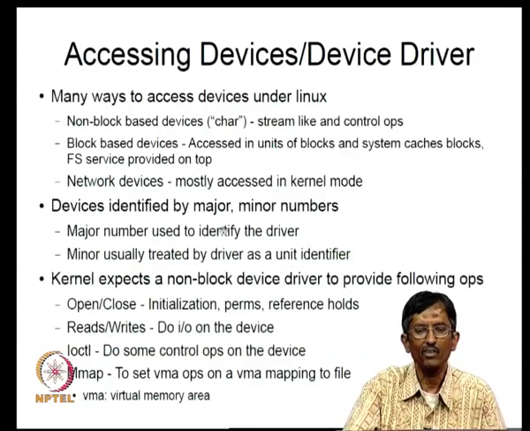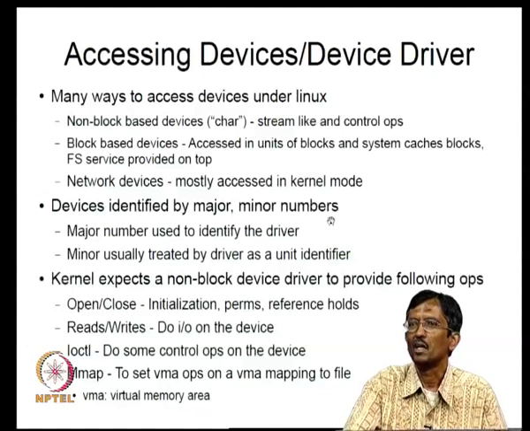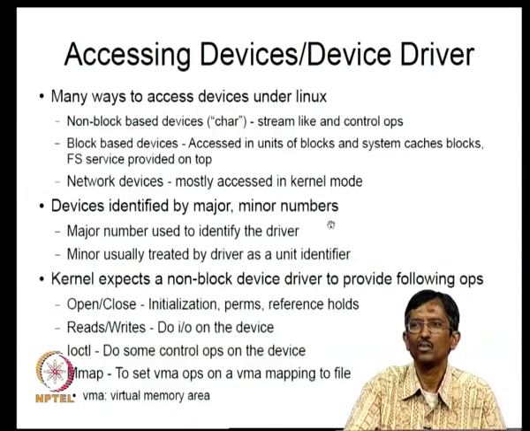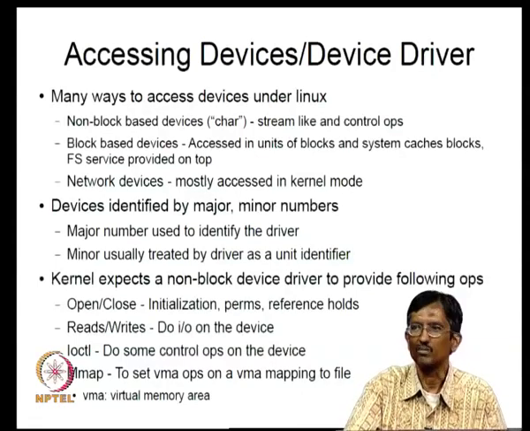Typically devices are identified by some major and minor numbers. Why do we need all these major and minor numbers? Basically because you want to keep the system dynamically configurable, so you are not constraining the system to have exactly this number of devices. If you do not know which devices are going to be put in and taken off, you still want to refer to them.